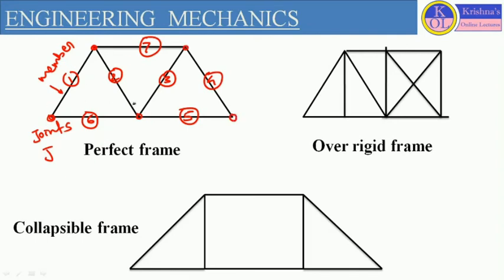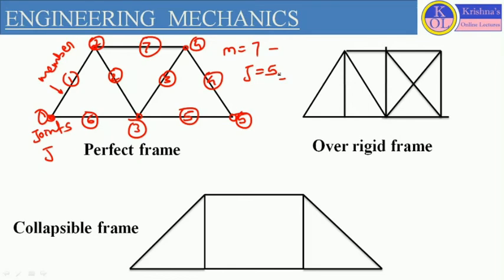How many members do we have, in the form of straight bars or rods? 7 members, so m equals 7. And how many joints do we have to join these rods? 1, 2, 3, 4 and 5. So we have 5 joints. These straight lines are represented as the members and these joining ends are known as the joints. So here we have m equals 7 and j equals 5.